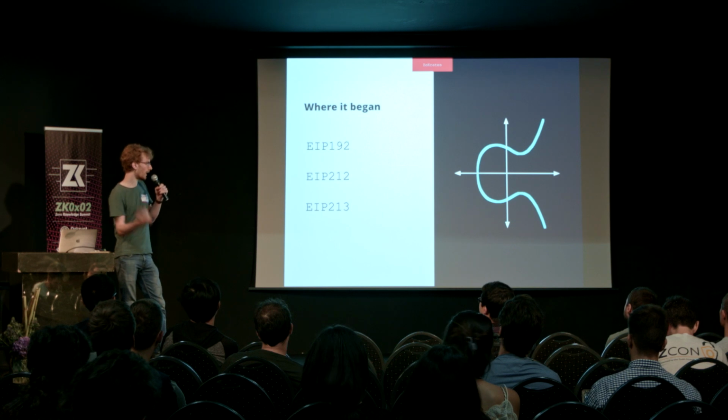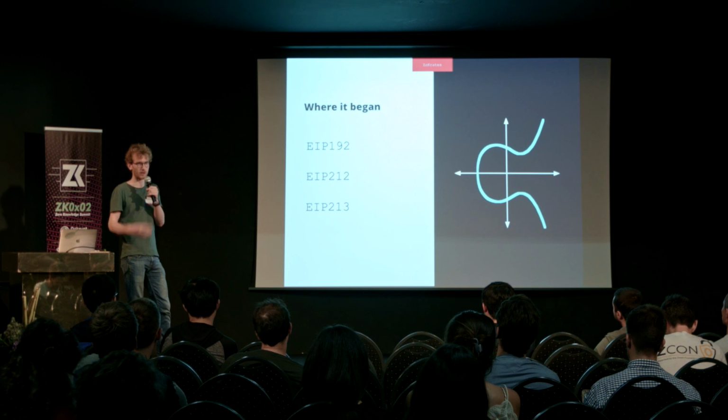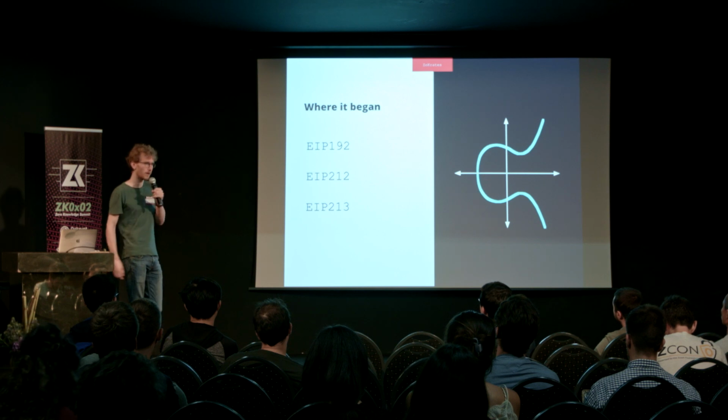So last September, last year, there was a hard fork in Ethereum, which introduced basically three new primitives in the form of what we call precompiles, which are basically primitives that you can call from the EVM, but that can be much more complex and for which you pay just a fraction of the cost because they're not executed on the virtual machine itself, but they're executed natively on the host. So you have a huge savings on that.